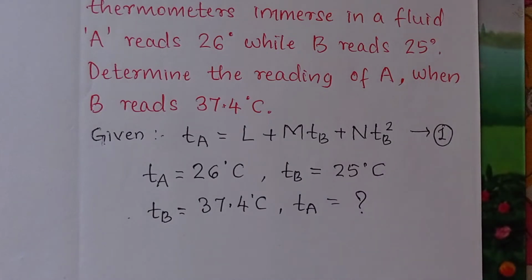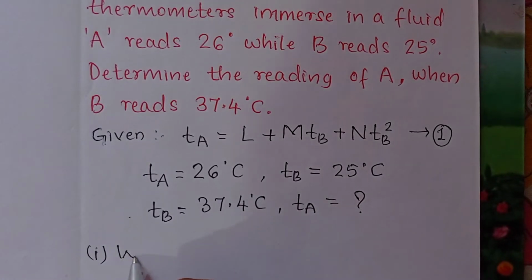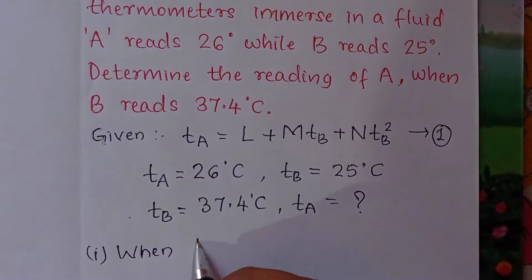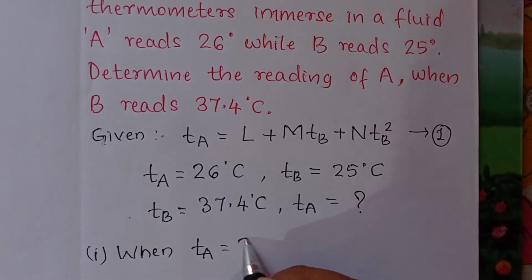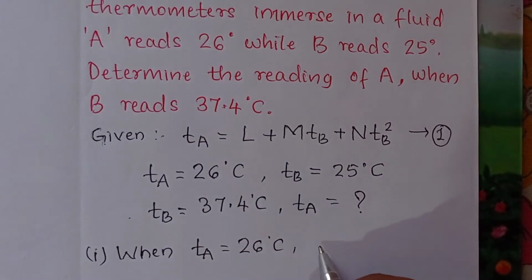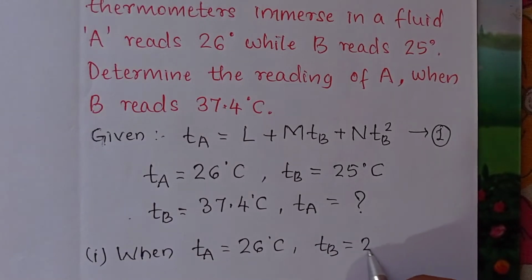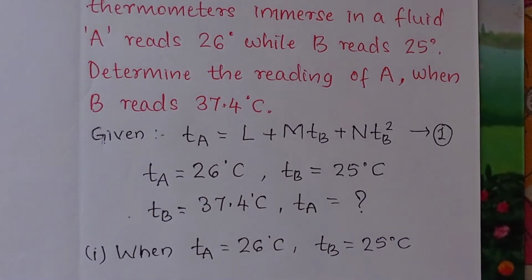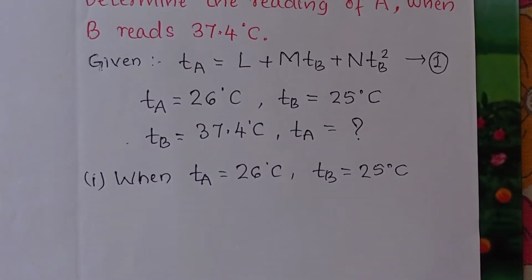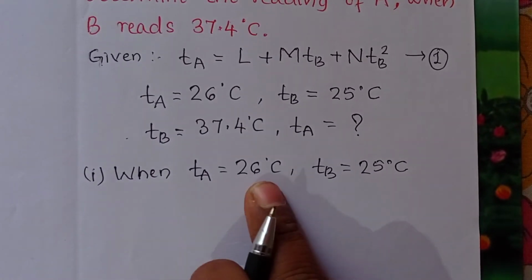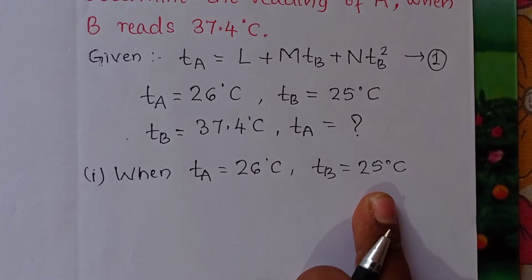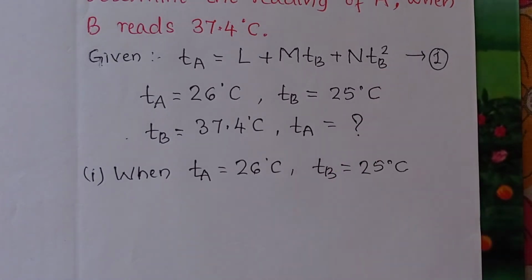So let me write out the first condition, that is, when TA is equal to 26 degree centigrade, TB is 25 degree centigrade. This I am going to substitute in the governing equation, that is TA is equal to L plus mTb plus NTb square.